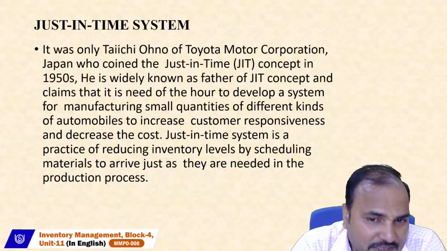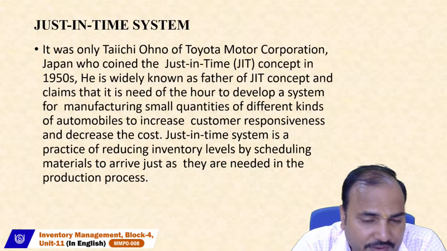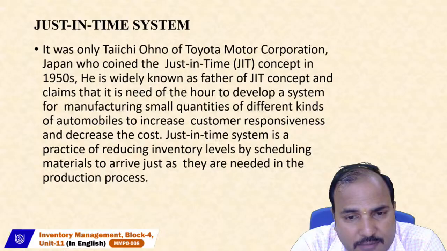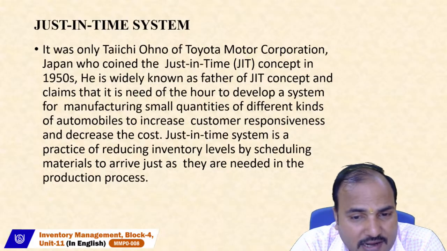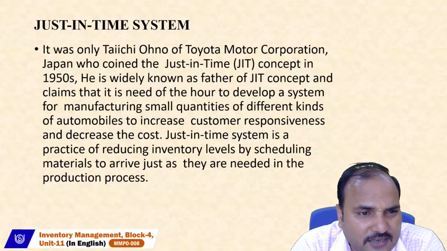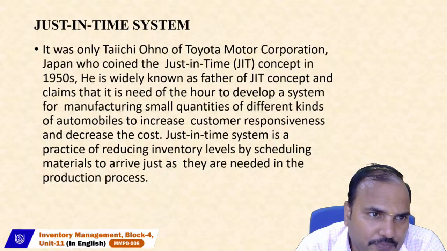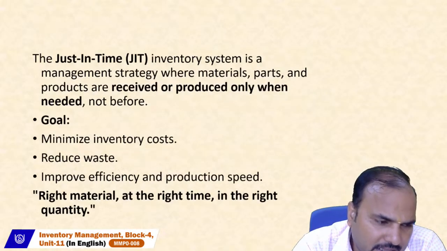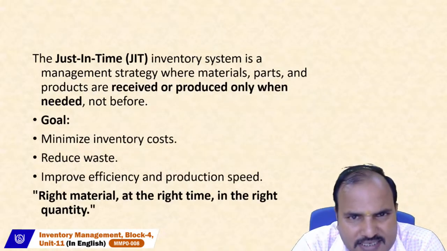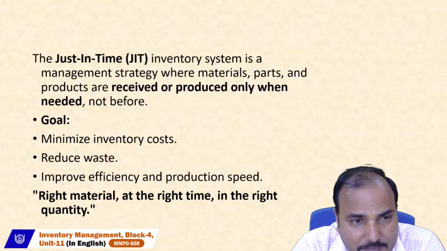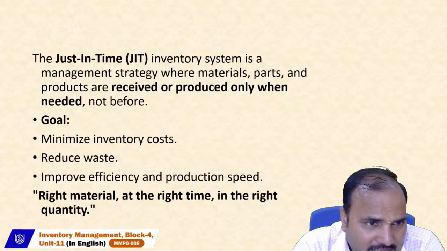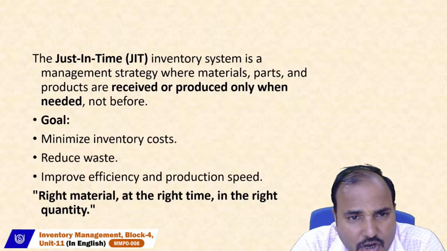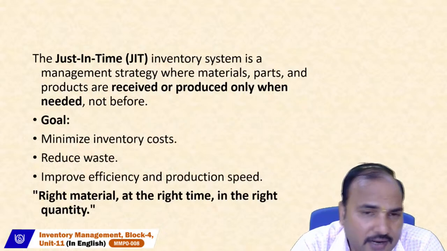So the just-in-time system is a practice of reducing inventory levels by scheduling materials to arrive just as they are needed in the production process. The just-in-time inventory system is a management strategy where materials, parts, and products are received or produced only when needed.